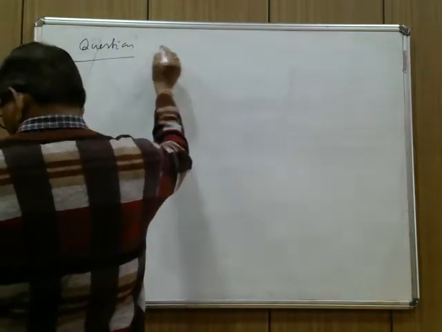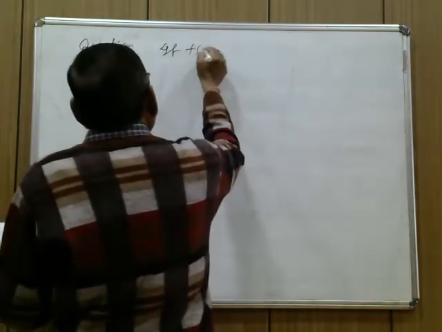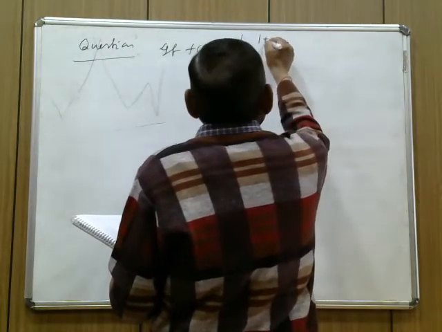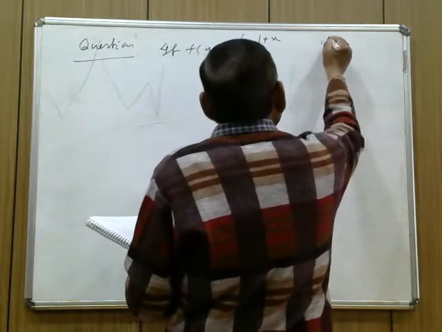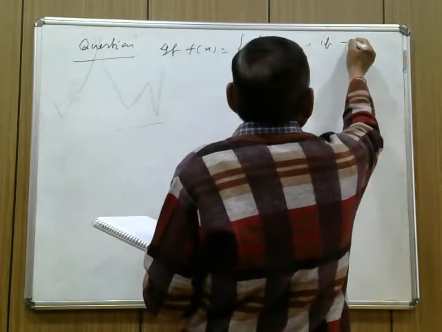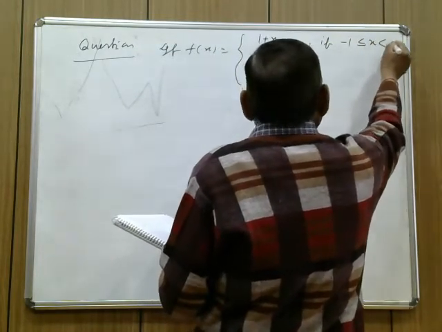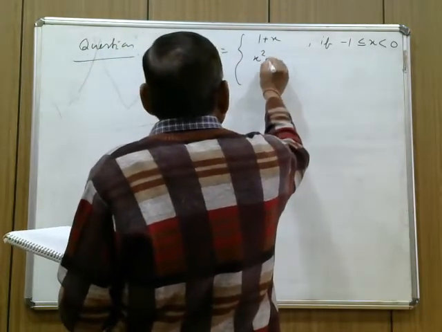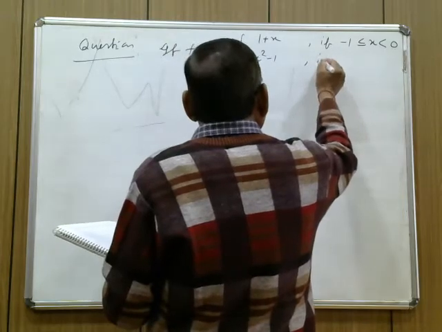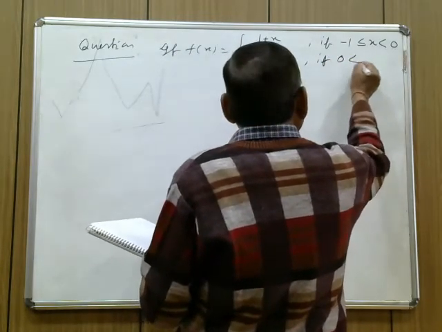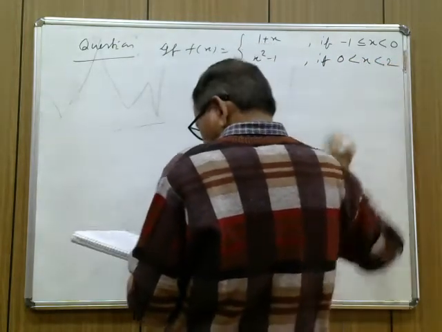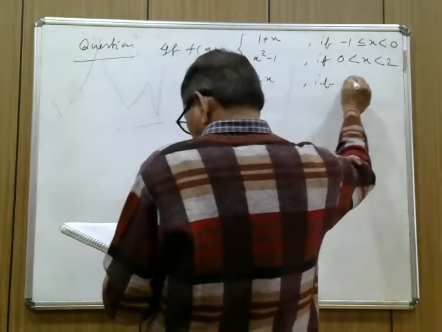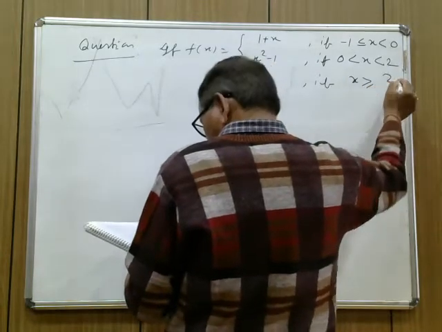Another question. If f(x) is defined as 1 plus x if minus 1 is less than or equal to x is less than 0, x square minus 1 if 0 is less than x is less than 2, and 2x if x is greater than or equal to 2.